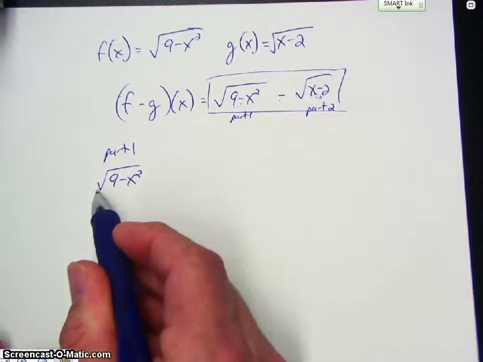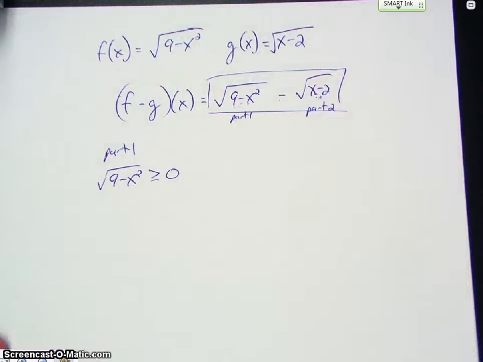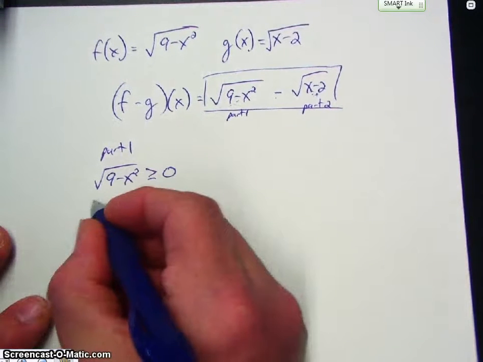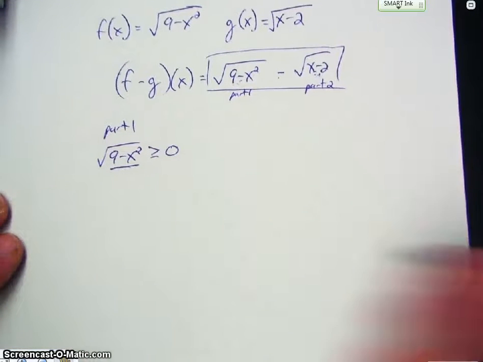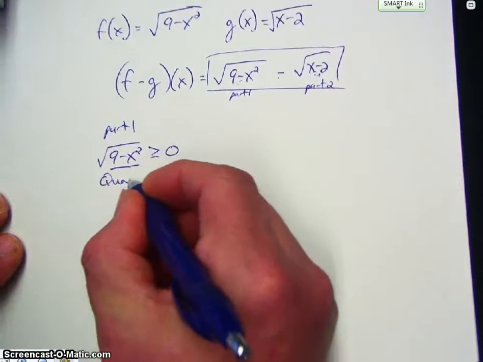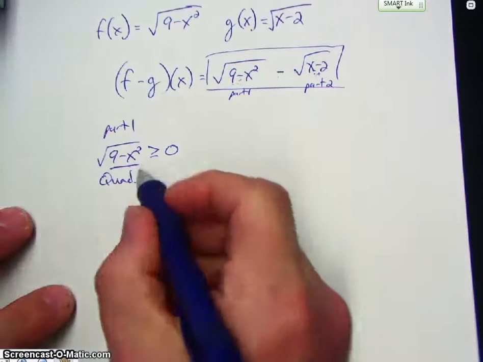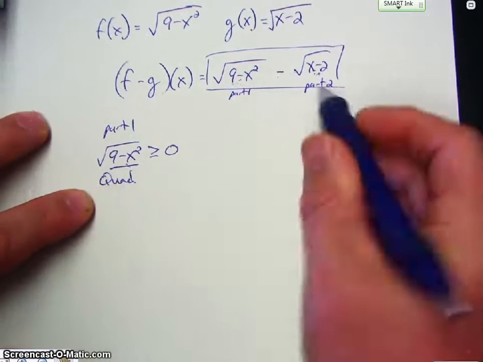Since it's a radical, the inside has to be greater than or equal to 0. But before we go any further, we have to look at what kind of equation is inside. This one is a quadratic. Since it's a quadratic, we have to do it a little bit differently than if it was linear.